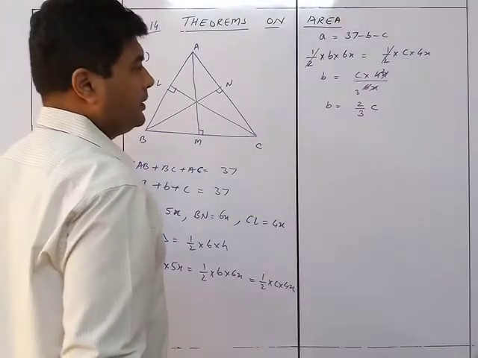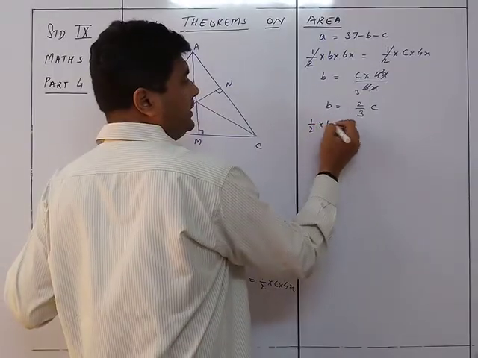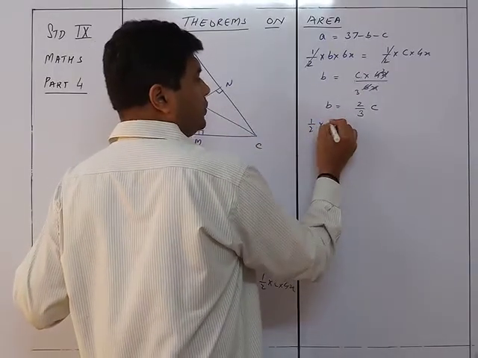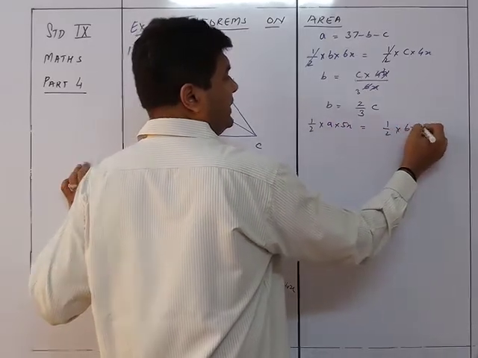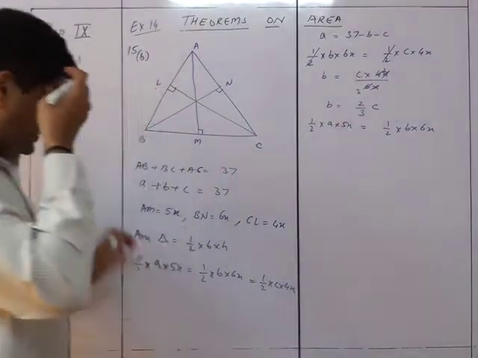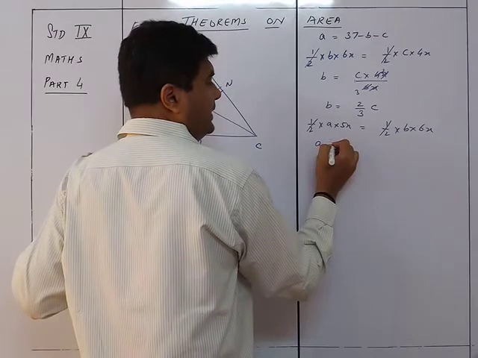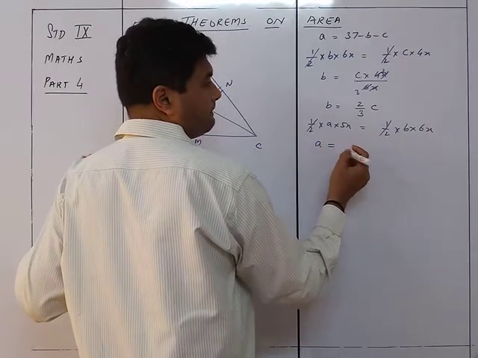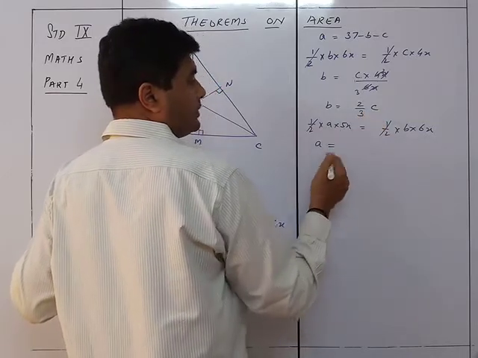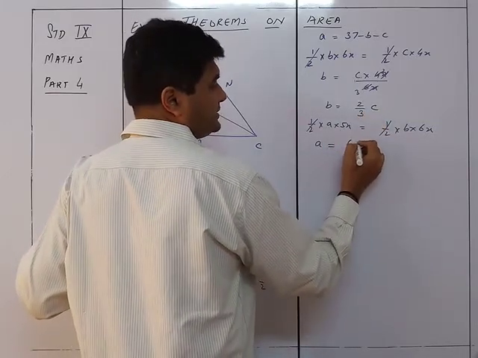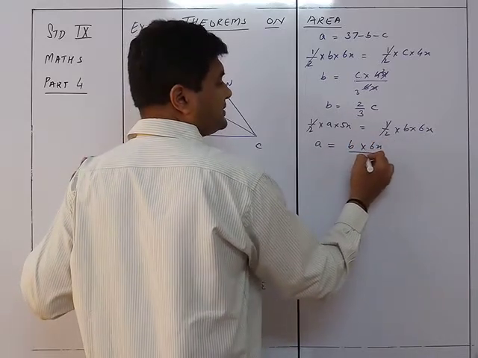Okay. We can also find out half into A into 5x is equals to half into B into 6x. Right? So half of gets cancelled. You got A is equals to 6B into 6x upon 5x.